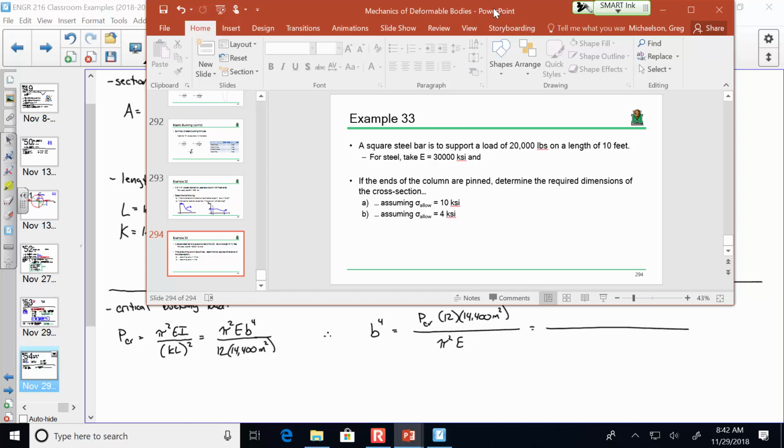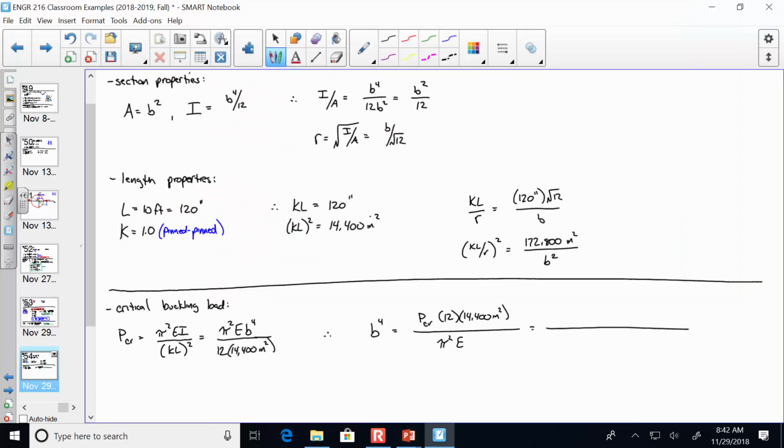Again, track your units. Incredibly important. So this is 20 kips. We have a 12 that has no units. 14,400 square inches, pi squared, and then 30,000 KSI. So the kips cancel, and then you have inches squared on the top, and then you have 1 over inches squared on the bottom. So you flip and multiply that, and you get inches to the fourth.